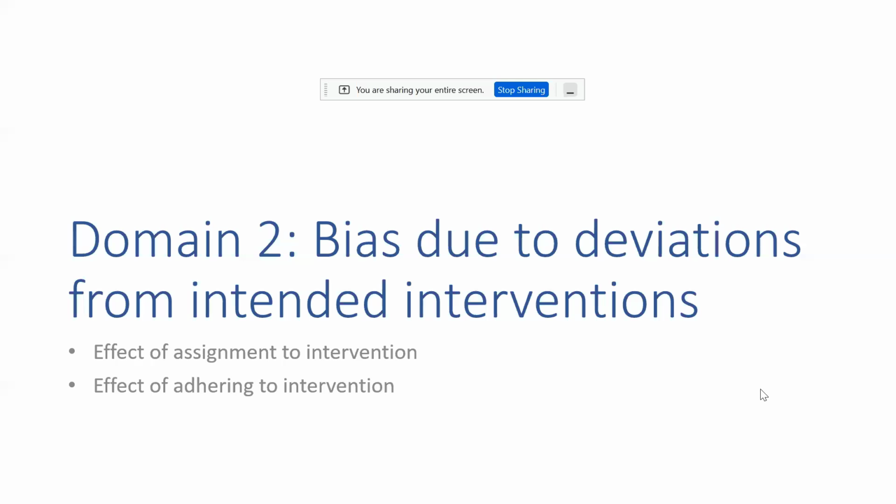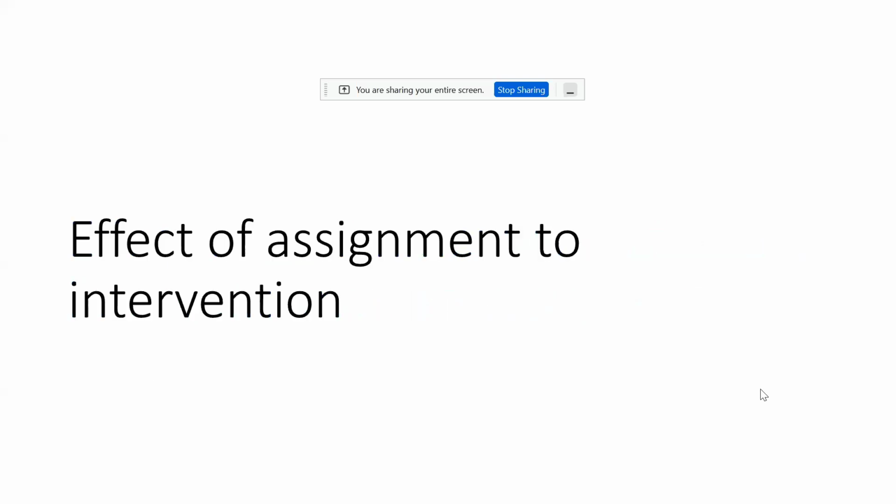So, for instance, if we want to see the side effect of a certain drug that has been administered, or the efficacy of a certain drug that is administered under supervision, then it is more important to assess the effect of adhering to intervention, because this is a clinical individualized decision that is being assessed. So first of all, we will go through the algorithm for the effect of assignment to intervention.